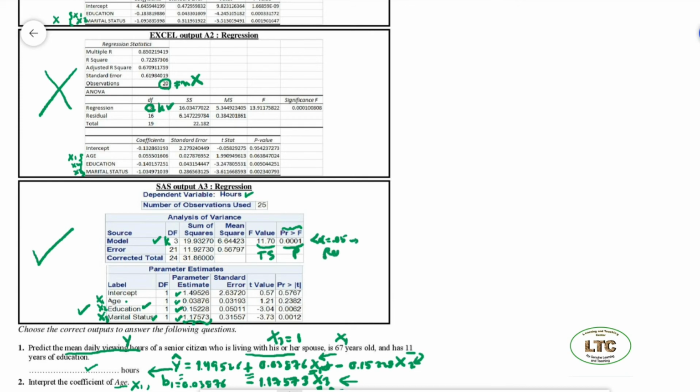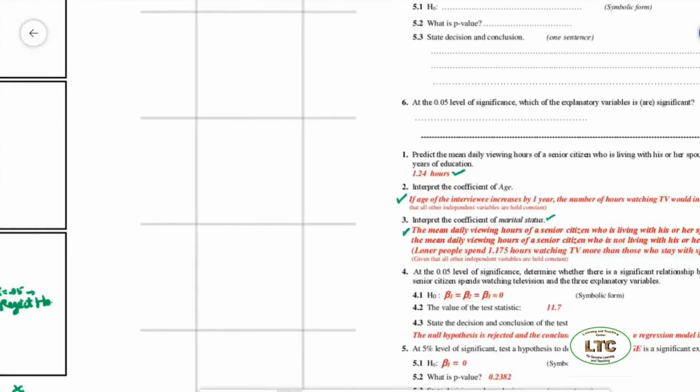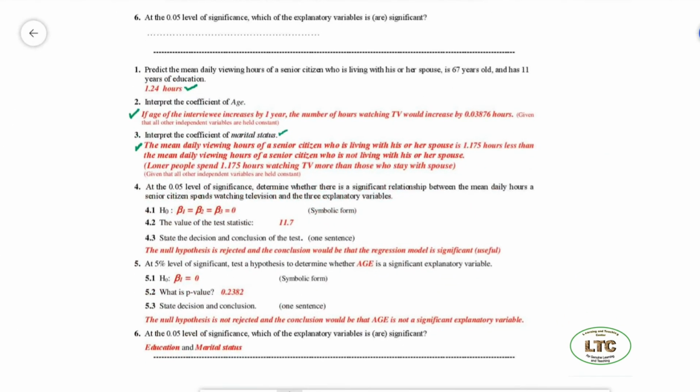So then reject H0 formally. So test statistic 11.7, p-value is 0.001. Here you can read the critical value and compare, or p-value smaller than alpha, reject H0, and so on. You write like this.